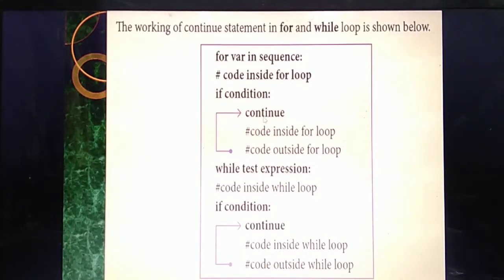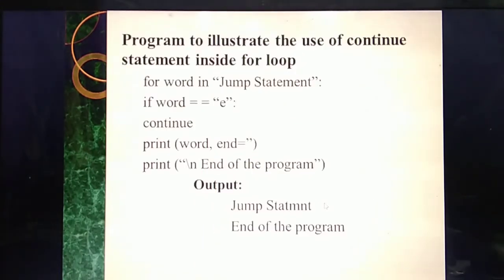Inside it, which keyword are you using? Continue. Continue means, as I said, only that part alone it will skip and the remaining part it will continue. See the arrow mark. For break, the arrow mark goes this side, that means it automatically comes outside. Continue means only that part will skip, the remaining part will continue. Same in while also, you are giving an if condition. Continue means only that part alone skips, and the remaining part will execute.